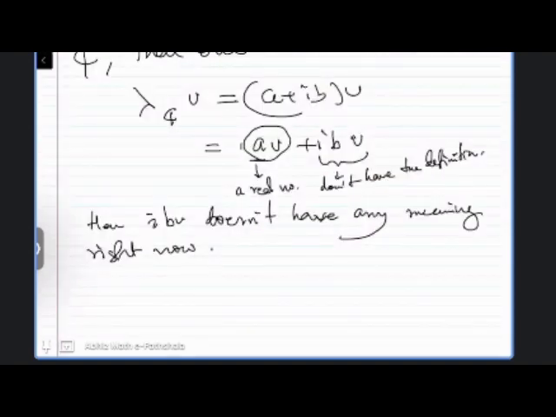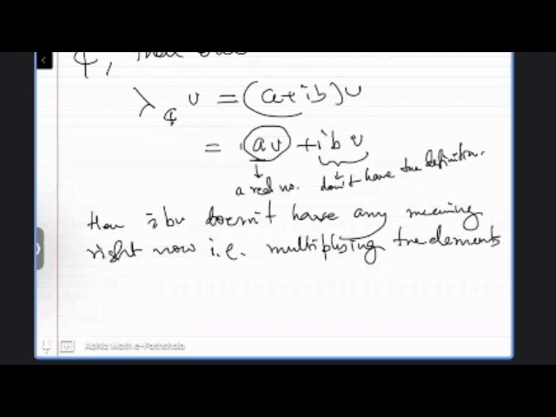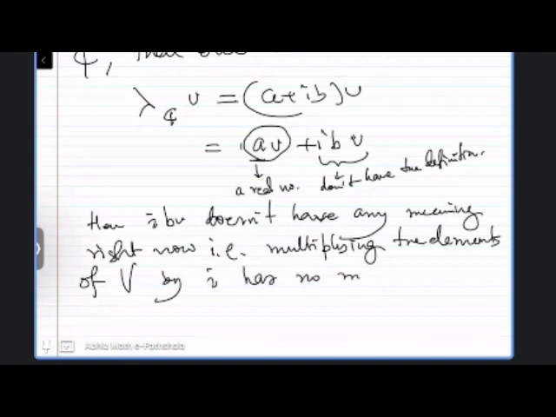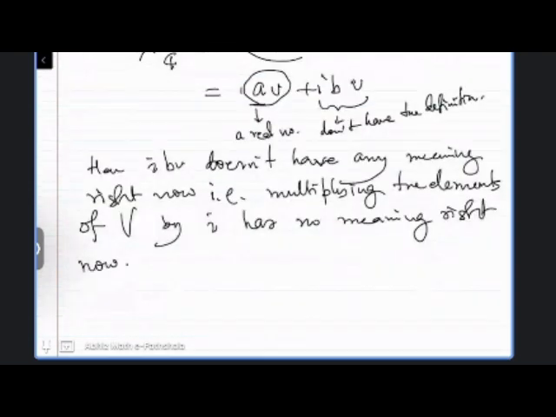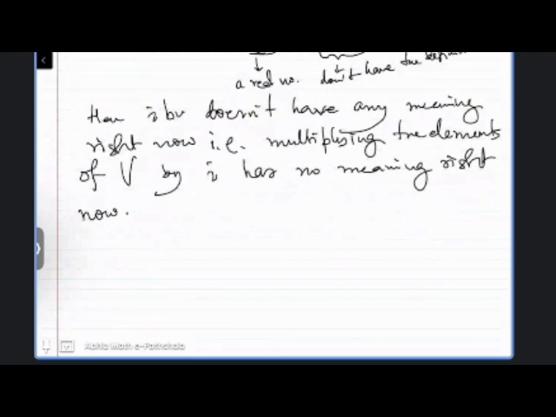That means multiplying the elements of the vector space V by i has no meaning right now, but we would like to define it.